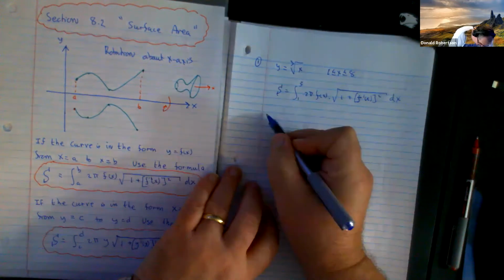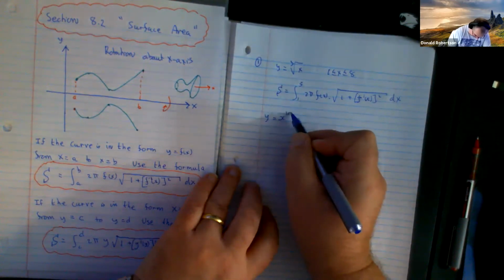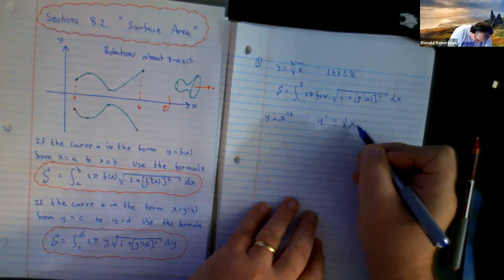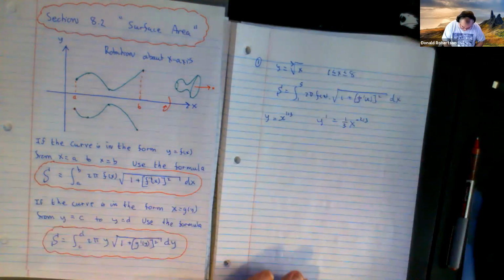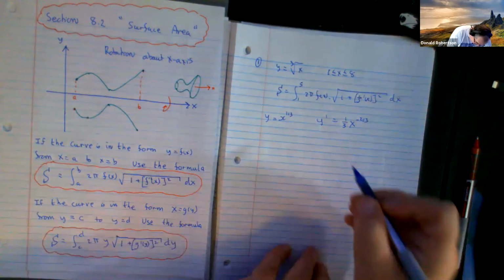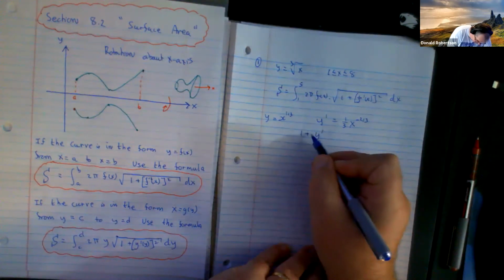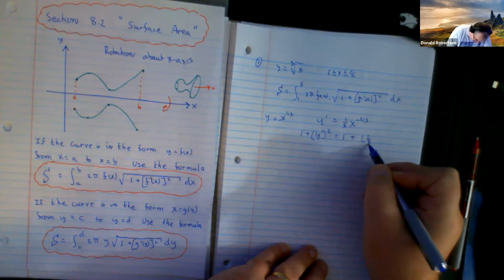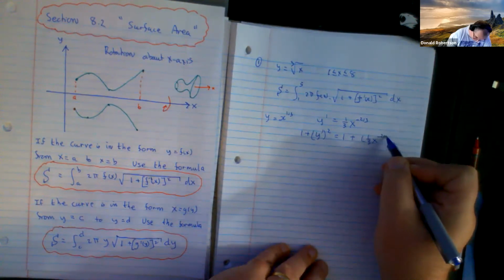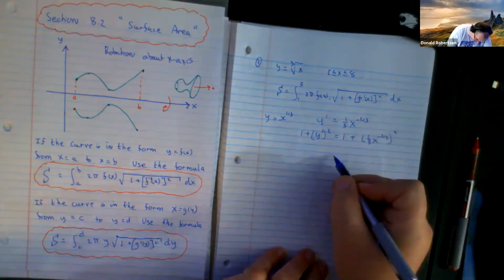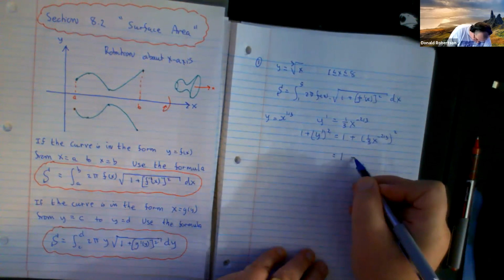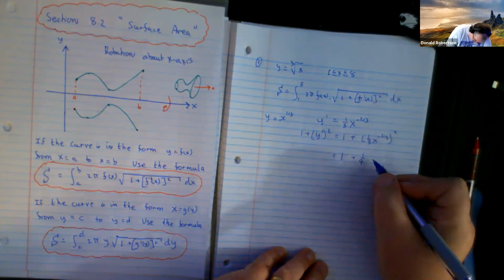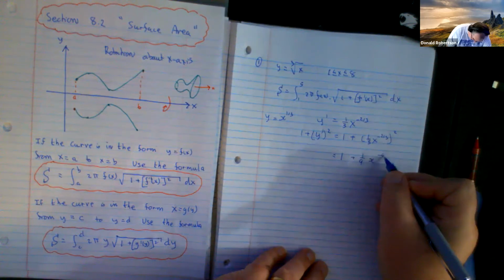Okay, so if you call this guy x to the 1/3, the derivative is 1/3, right, multiplied by the power, reduced by 1. 1 plus the derivative squared is 1 plus this guy squared. And that's going to be 1 plus 1/9. When you square something, you basically double its power. So it's now that guy.